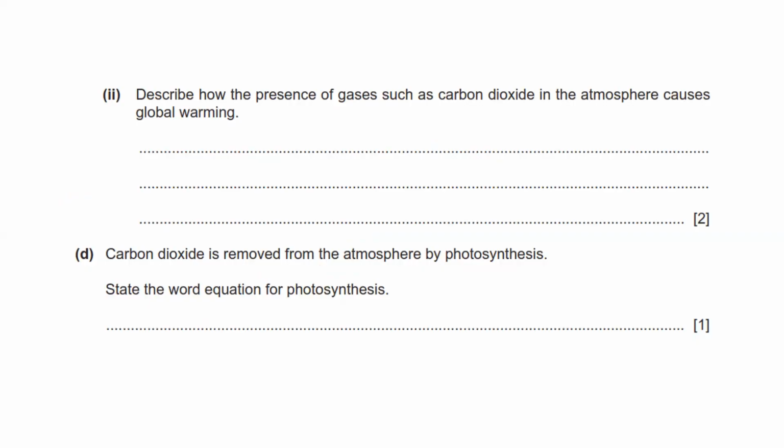Then it says describe how the presence of gases such as carbon dioxide in the atmosphere causes global warming. Carbon dioxide, so CO2, absorbs energy, or basically thermal energy to be very exact, from the Earth and reflects it back.